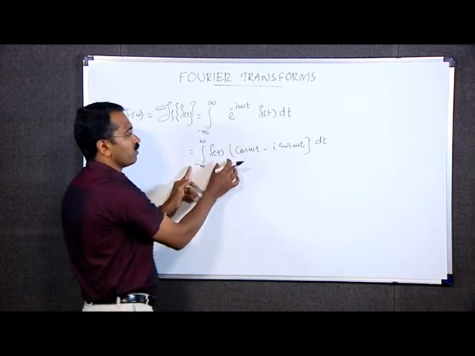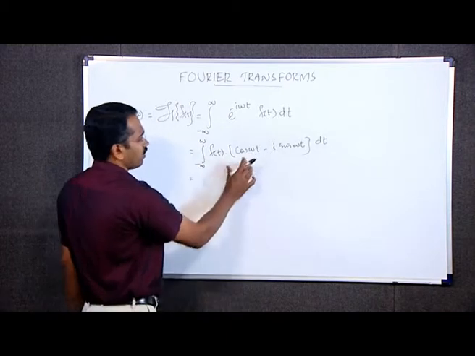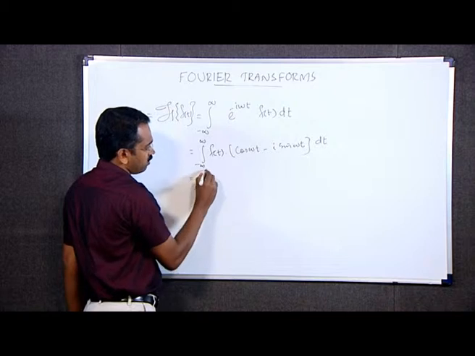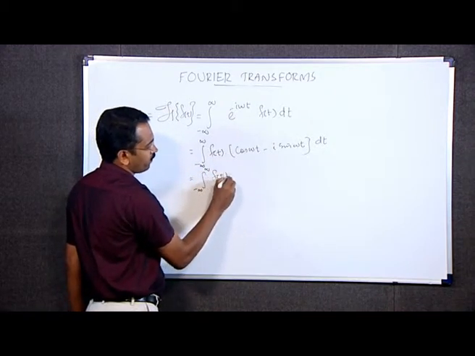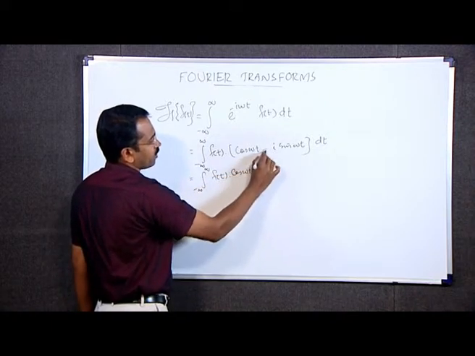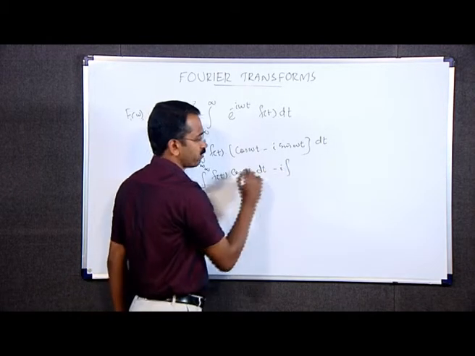Now, we split into two integrals. This is equal to integral from minus infinity to infinity f of t into cos omega t dt. Here minus i is a constant, therefore that can be taken outside of the integral.